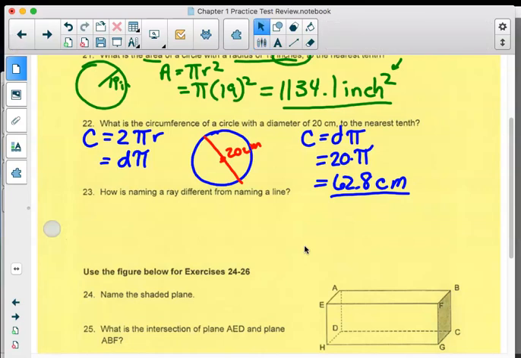Problem 23. How is naming a ray different from naming a line? Okay.